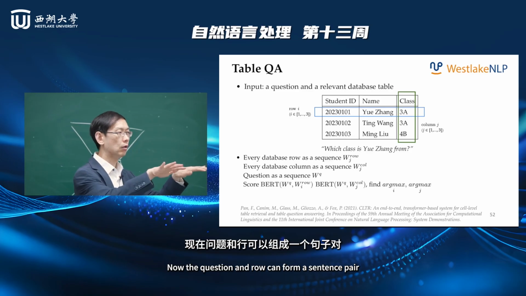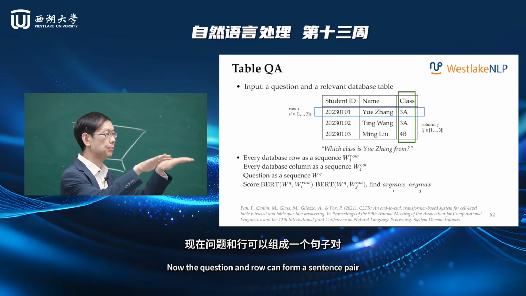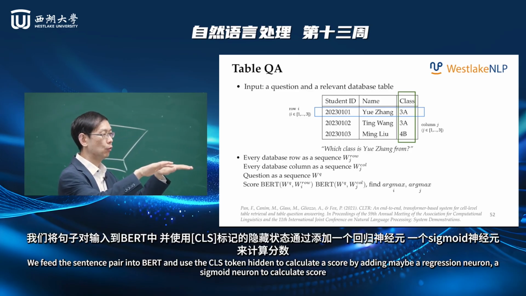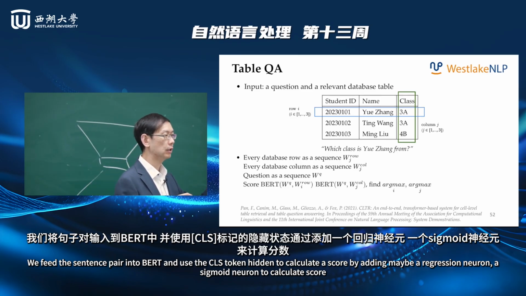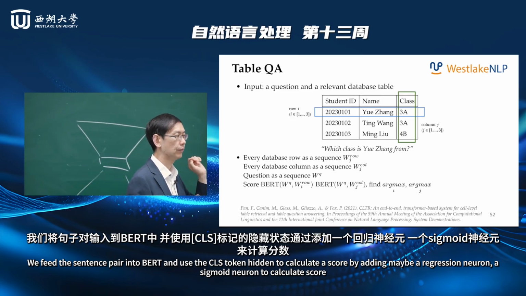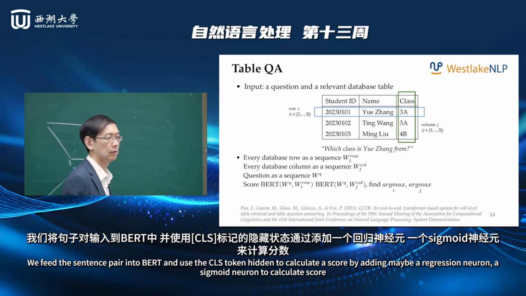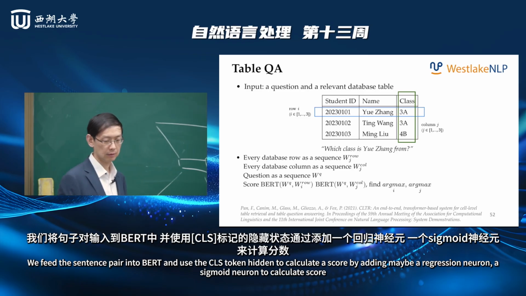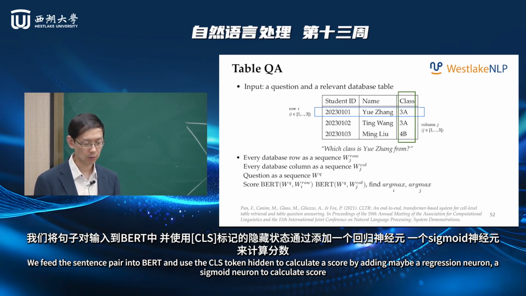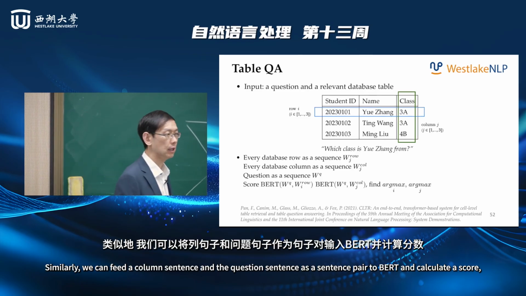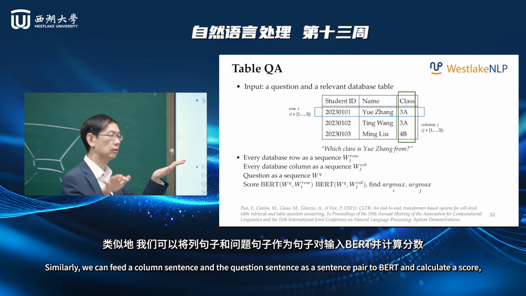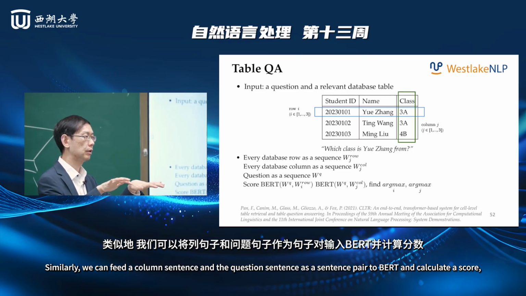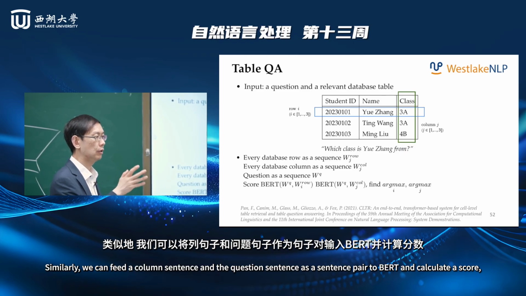Now the question and the row can form a pair, a sentence pair. We feed the sentence pair into BERT and use the CLS token hidden state to calculate a score by adding maybe a regression neuron, a sigmoid neuron, to calculate a score. Similarly, we can feed a column sentence and the question sentence as a sentence pair to BERT and calculate a score.